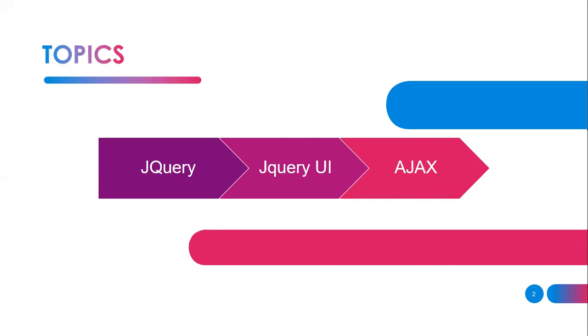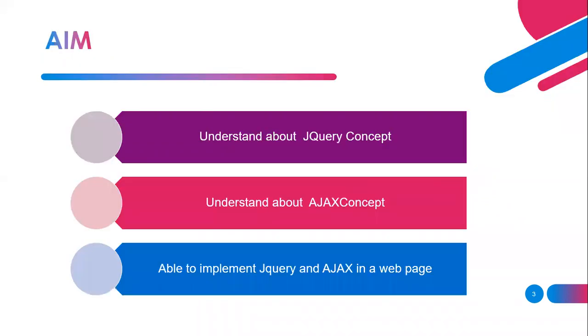And we also learn about Ajax. Okay. So what's the aim of today's meeting? The first is to understand the jQuery concept and the Ajax concept, and to be able to implement jQuery and Ajax in a web page.